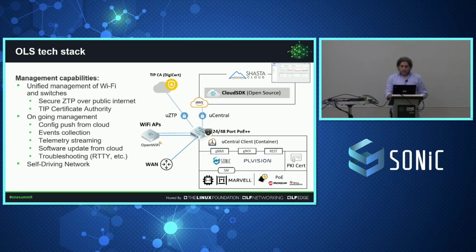And inside the switch, as you can see, on the hardware we have, for example, the Marvell ASIC, and we have the PoE vendors coming in. Above it, we have the SONiC software with extensions done by PLVision. We have a certificate that will be used to do the connection to the cloud, and we have the uCentral client, which is also used to connect to the cloud.